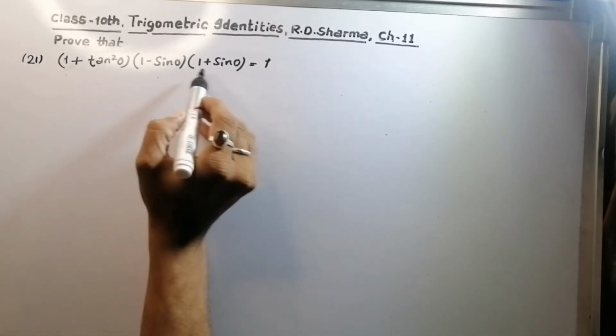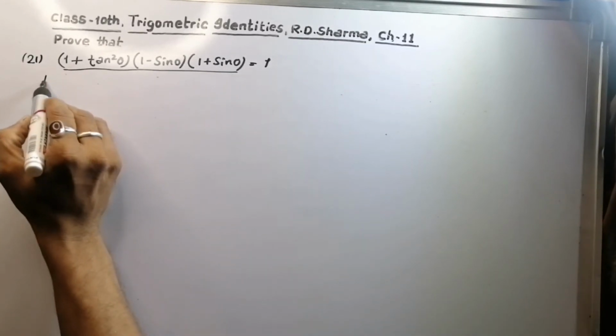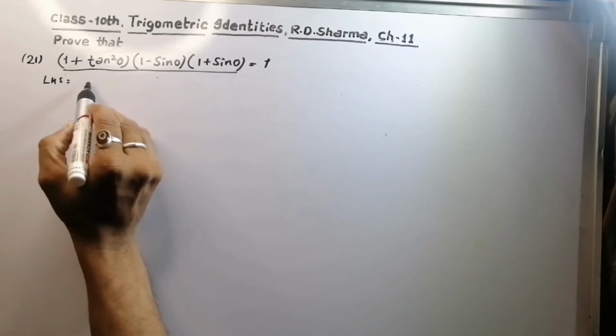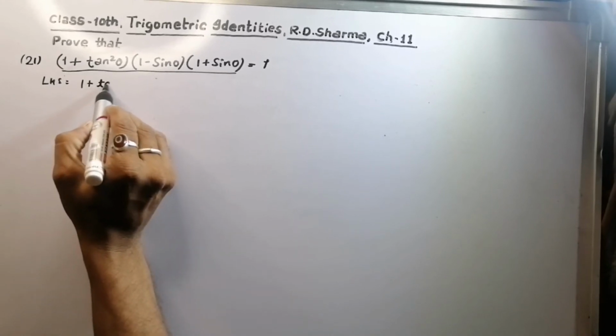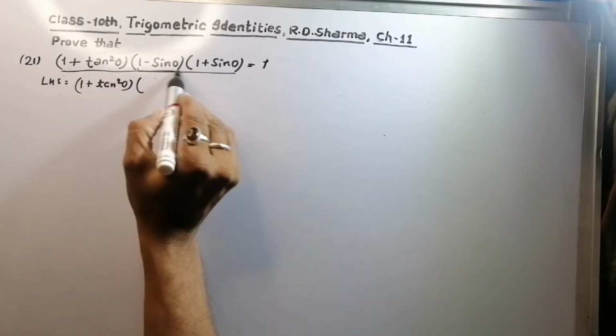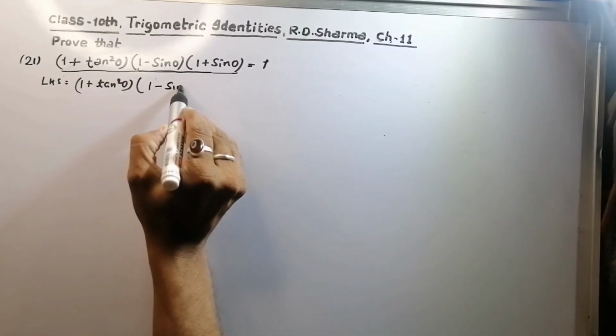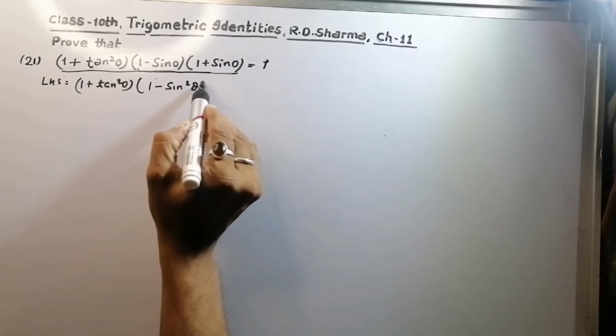Now question number 18. (sec theta plus cos theta)(sec theta minus cos theta) is equal to tan square theta plus sin square theta. It is the left hand side. So first we write sec square theta minus cos square theta.